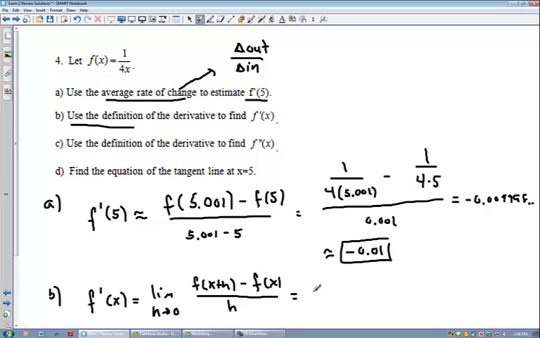And so this is then equal to the limit as h goes to 0, and I have to figure out what f of x plus h is. So here's my x plus h. Remember, wherever I see an x, I'm going to plug in an x plus h. And so what I'm going to have here is 1 over 4 times x plus h, minus my f of x, which is 1 over 4x, and of course all divided by h.